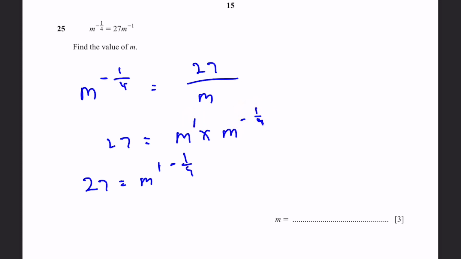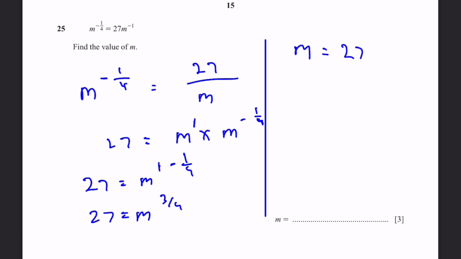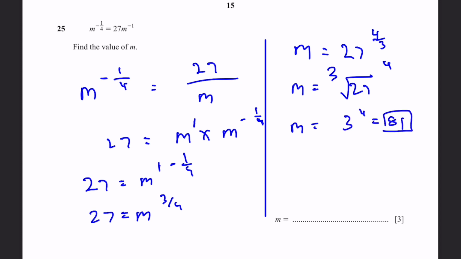So 27 is equal to m to the power 3 by 4. m is equal to 27 to the power of 4 by 3, because we invert the fraction. That means m is equal to the cube root of 27 to the power of 4, because when we have a fraction denominator, that's actually the root. So m is equal to 3 to the power of 4, which is equal to 81. That's the answer.